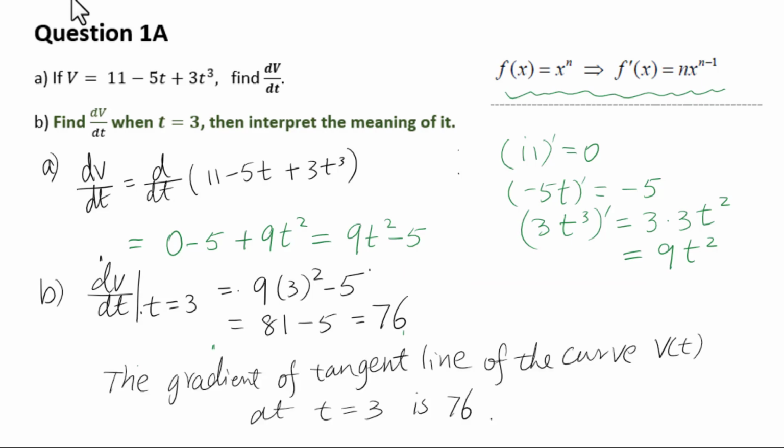It means that the gradient of the tangent line of the curve v of t at t equals 3 is 76.